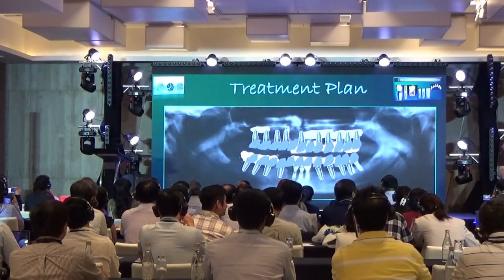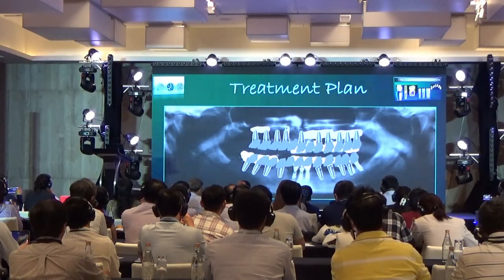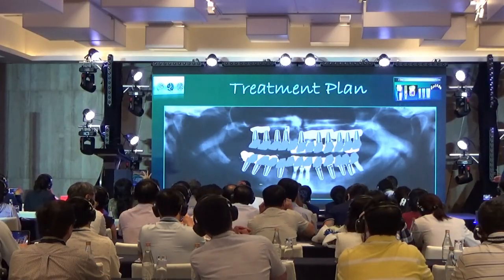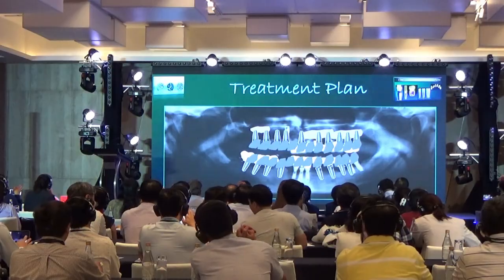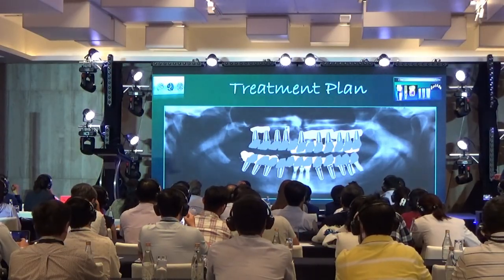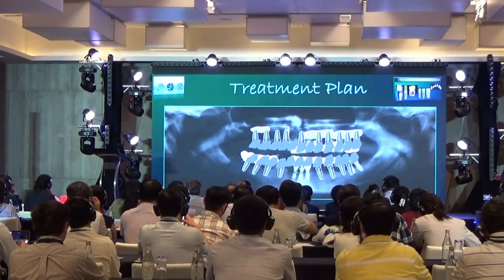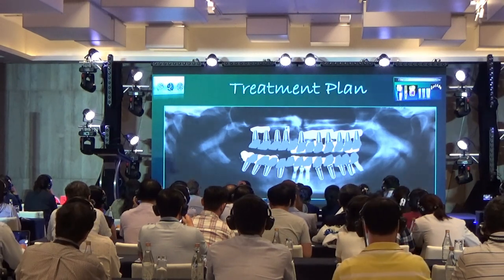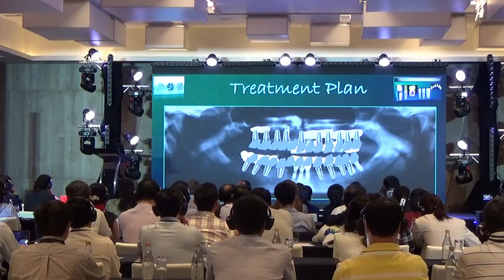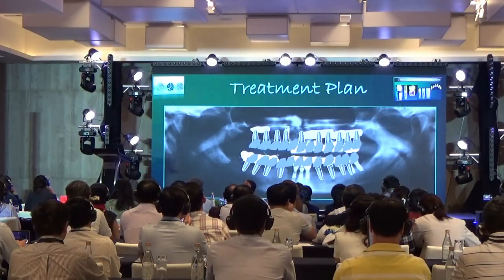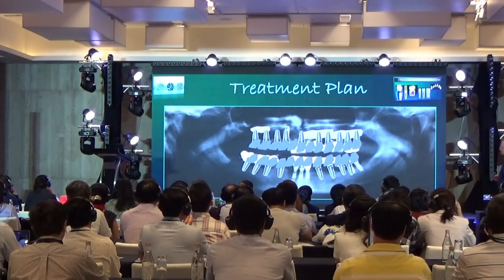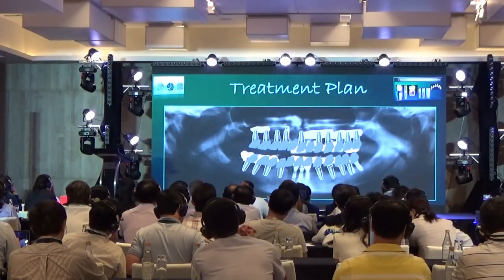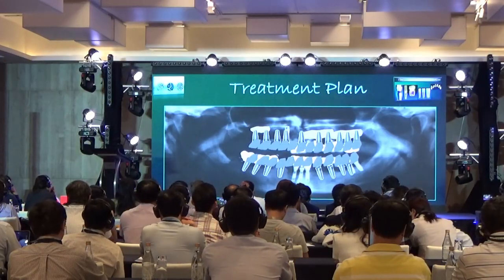But in the anterior area, because those implants were quite stable and we didn't want to lose bone, we decided to leave those two implants, and this implant, not to remove it, but just to cut it, to leave it as a submerged implant, to allow better oral hygiene. Because you can see that there is too much proximity between those implants, and this proximity will not enable good oral hygiene afterwards.